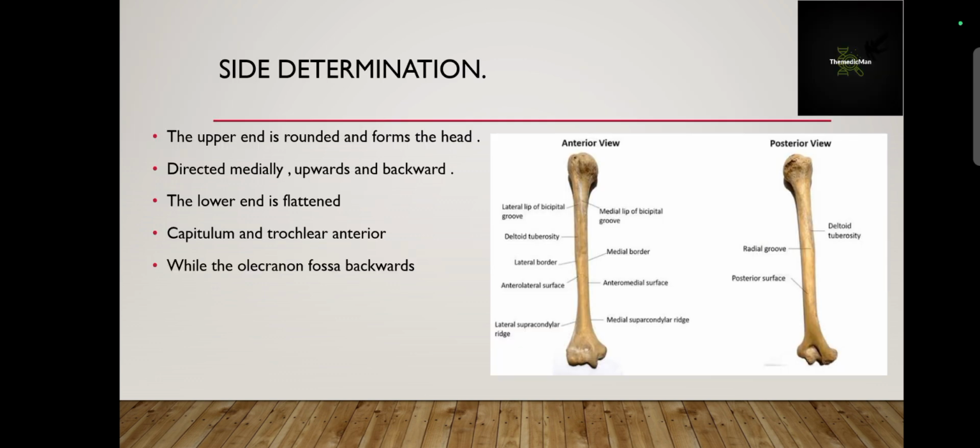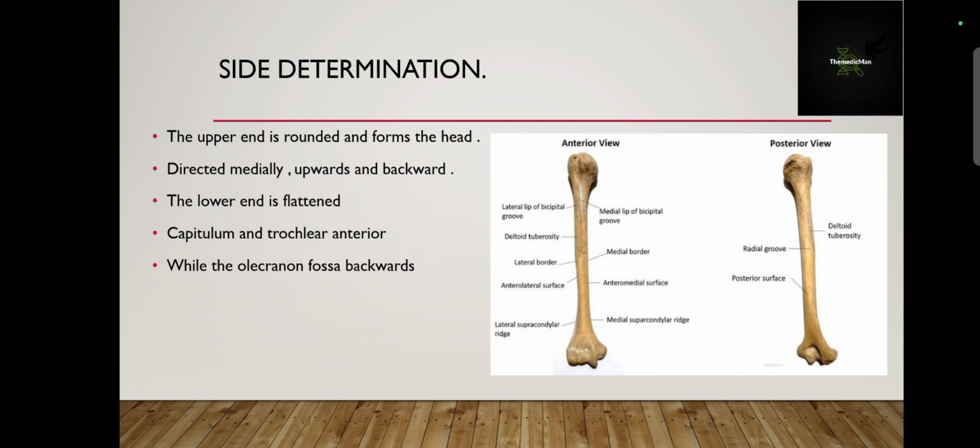Next, for learning of the humerus, we first have to learn about the side determination, and how to hold the humerus in the anatomical position. First of all, while looking towards the head, the upper end is rounded and forms the head.